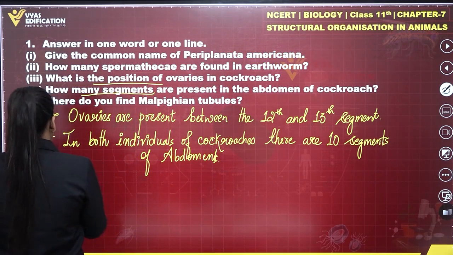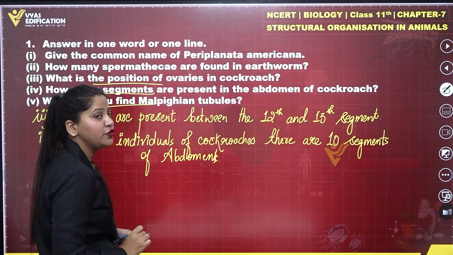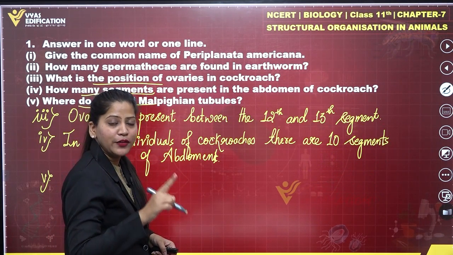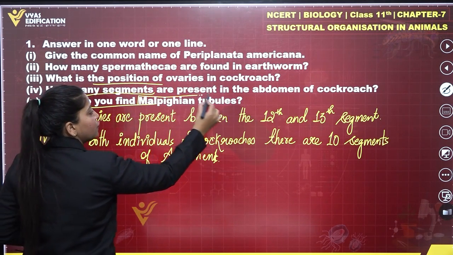Now moving on to the last part of this question, the fifth one: where do you find Malpighian tubules? You will find Malpighian tubules in cockroaches, and these are excretory organs.